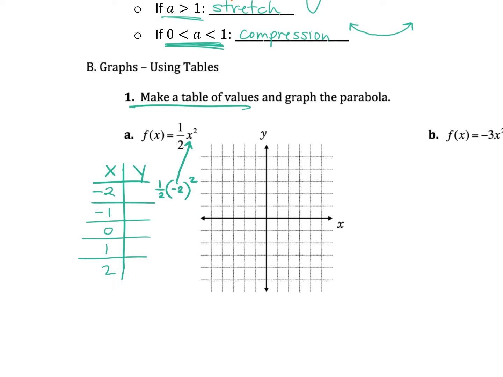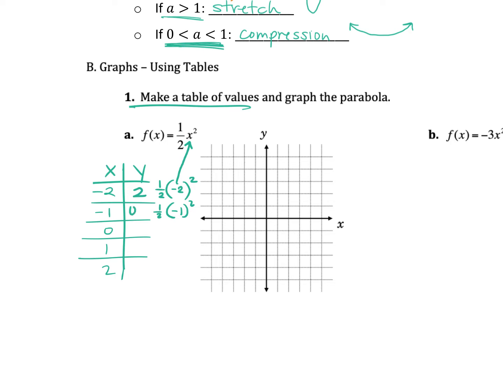So you can just plug this into your calculator exactly how you see it, and you'll get the right answer if you use parentheses. If you don't use parentheses, you're going to get the wrong answer every time, okay? So be careful with parentheses. If we do this, we plug it in, 4 and then cut it in half would be 2. Okay, this would be half of negative 1 squared, parentheses matter. What do you get?